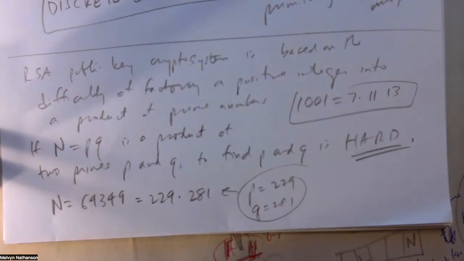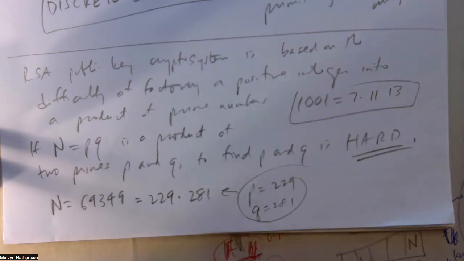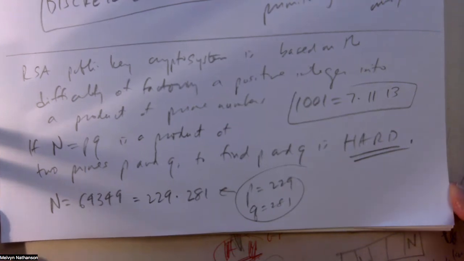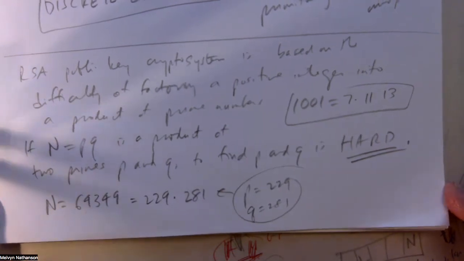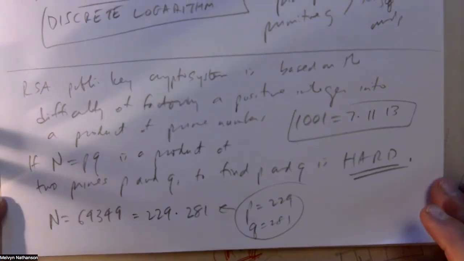But N only has 5 digits. If N had 1,000 digits, there's no computer in the world today that could factor that number in less than 100 million years. This can't be done yet. People are trying to build something called quantum computers, which in fact could factor numbers of that size. But no one is anywhere close to building a quantum computer yet.